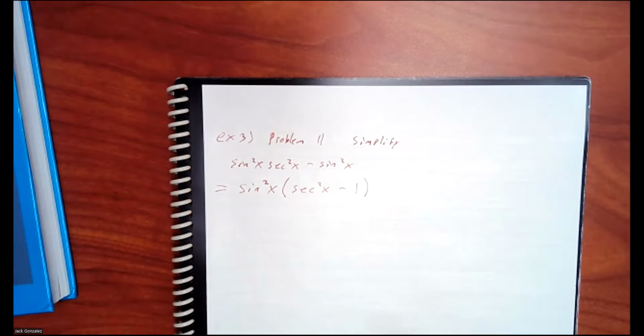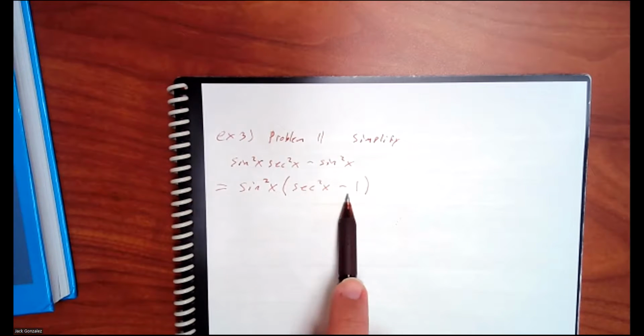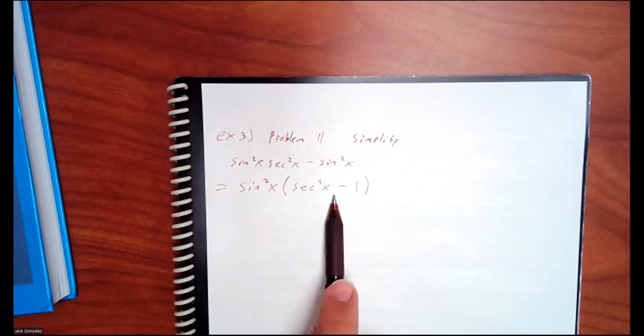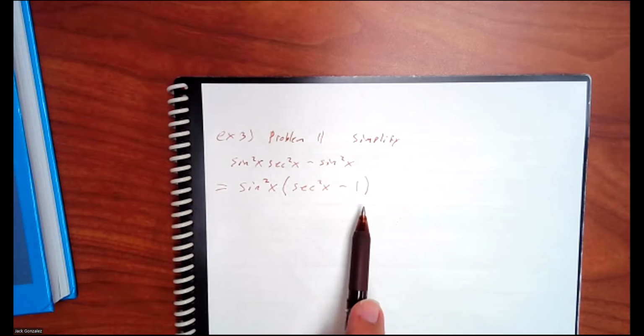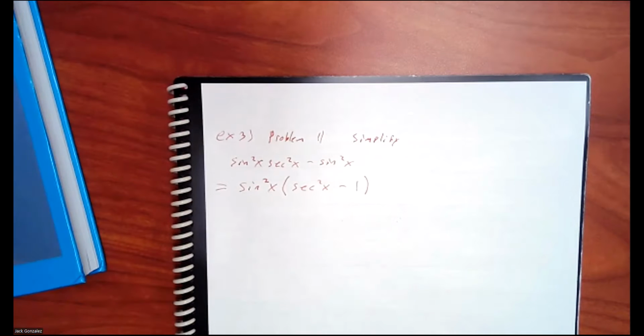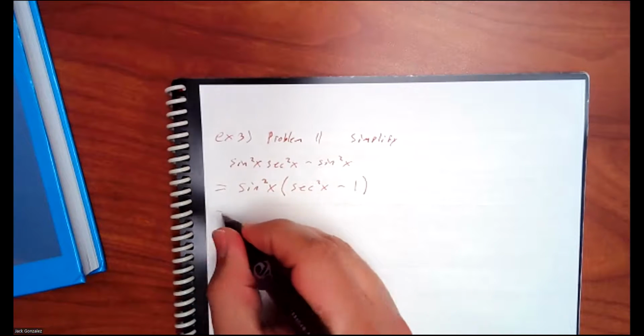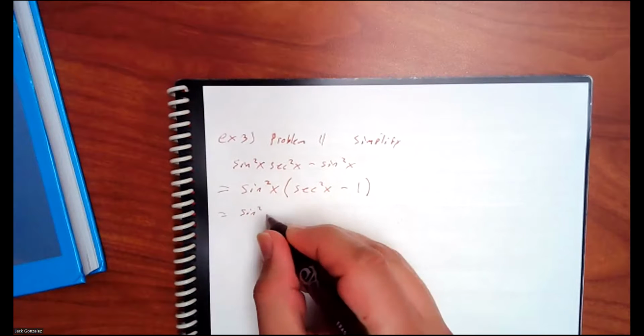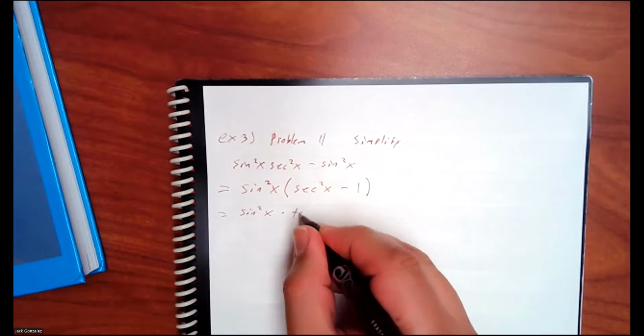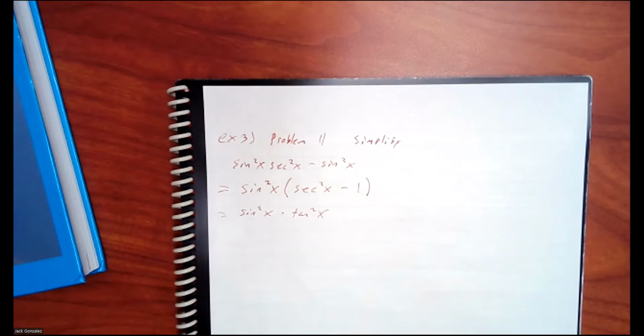At this point, you need to recognize what this is. Secant squared minus 1. You have to check your identities, unless you memorize all 60 like I had to. What is secant squared minus 1? Tangent squared of x. Okay.